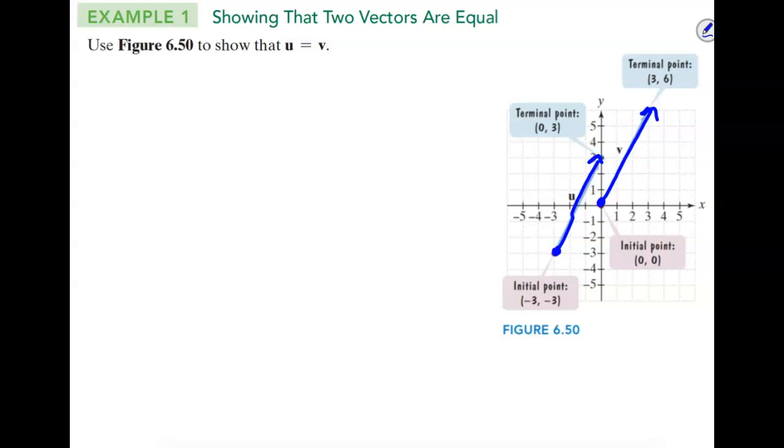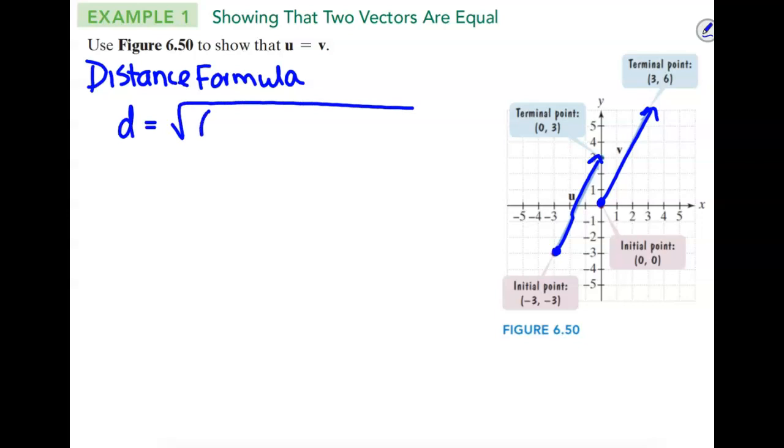So in order for us to find that, we're going to use the distance formula. The distance formula is taking your x lengths and subtracting them and then squaring them, plus your y lengths, subtracting them and then squaring them. That's your distance formula.